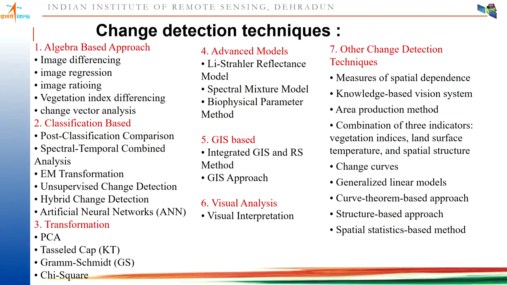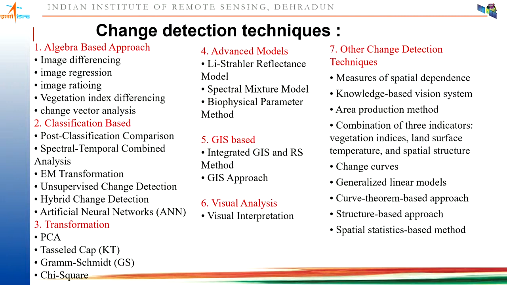Basically, there are various change detection methods. If we classify them into categories, broadly there are around 7 categories in which change detection methods can be classified. One by one, the first one is the algebra based approach.